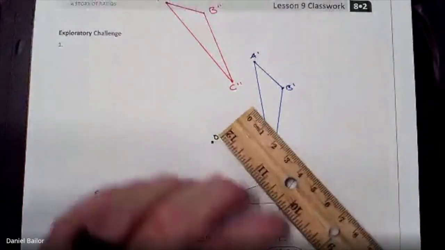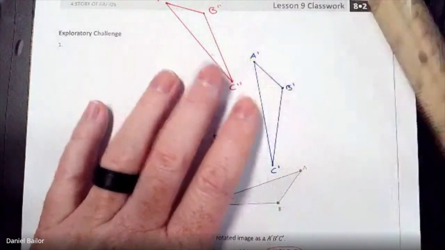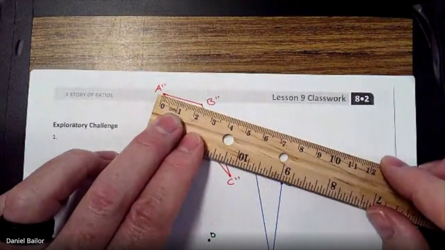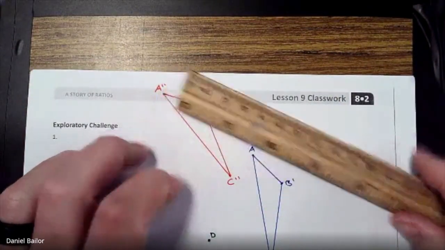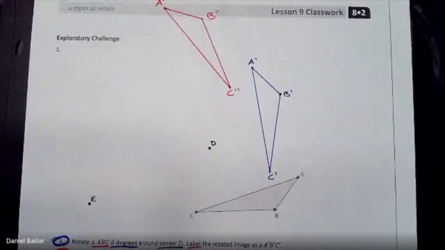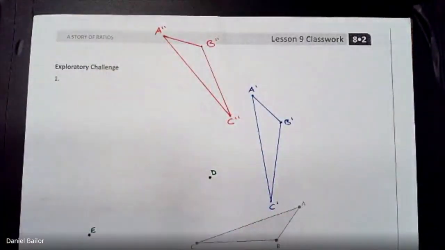What about A prime, B prime? Also about 2.1 centimeters. What about A prime prime, B prime prime? Also 2.1 centimeters. So all three of these sides are the same.